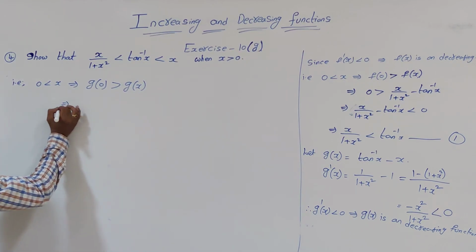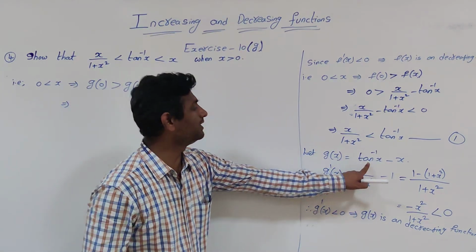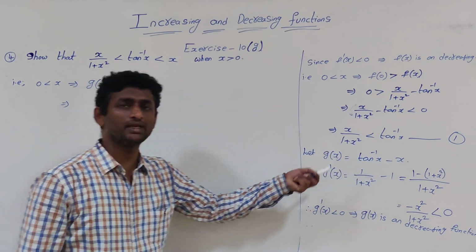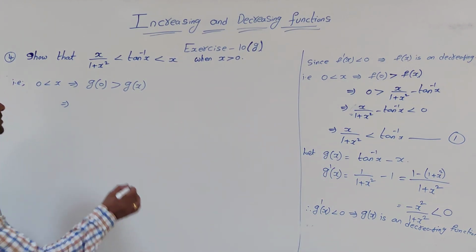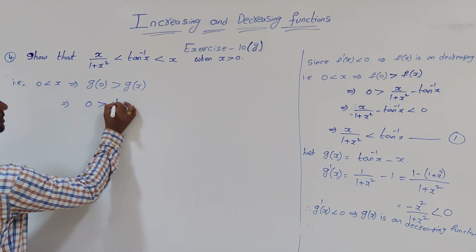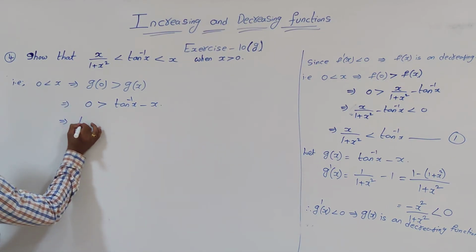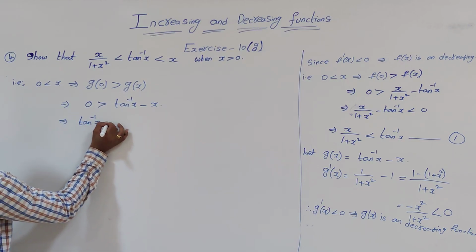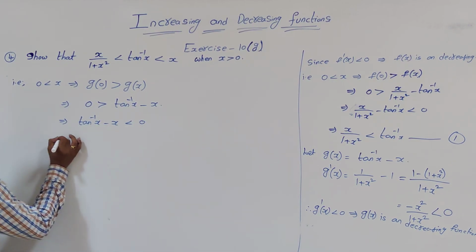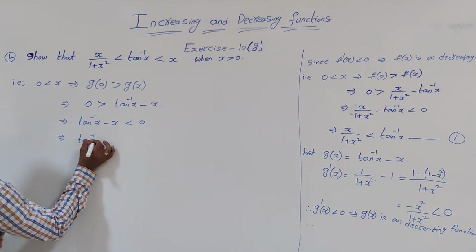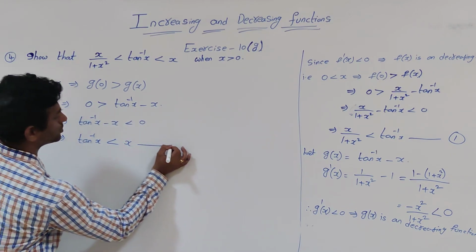So what is g of 0? G of 0 will be tan inverse of 0 minus 0. Tan inverse of 0 is 0, minus 0 is 0. So 0 is greater than tan inverse of x minus x, or tan inverse of x minus x is less than 0. That is, tan inverse of x is less than x. So that is 2.